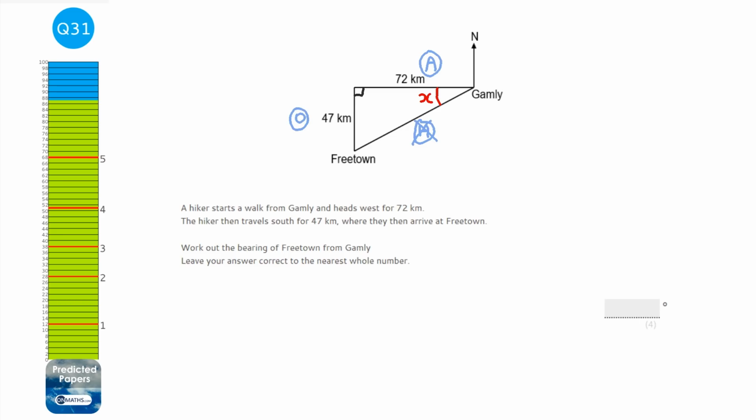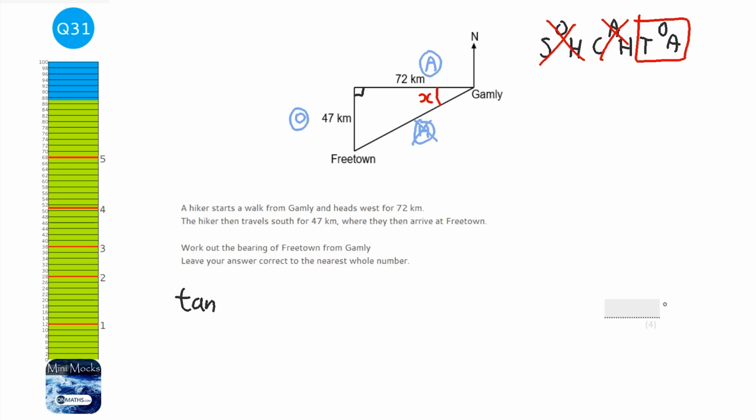So it's O and A. So writing SOHCAHTOA, well, we're not interested in the H, so it's not going to be SOH, and it's not going to be CAH, so it's going to be TOA. So TOA stands for tan x equals opposite over adjacent, and the opposite is 47, and the adjacent is 72.